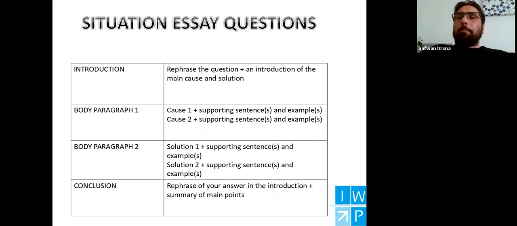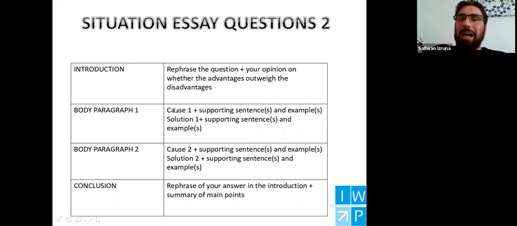One of the reasons why is that some students will write one cause and a second cause, and then they'll write solutions that are not related to the causes. So this makes it really strange. So I have causes for a problem, and I have solutions that are not related whatsoever. So it's better to have a cause and then automatically follow it up with the solution for this cause. That way, the essay is a lot more coherent and easy to understand.